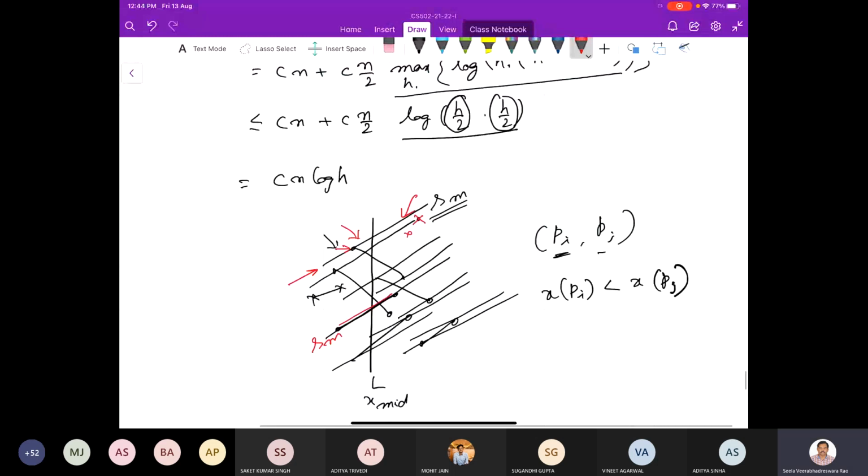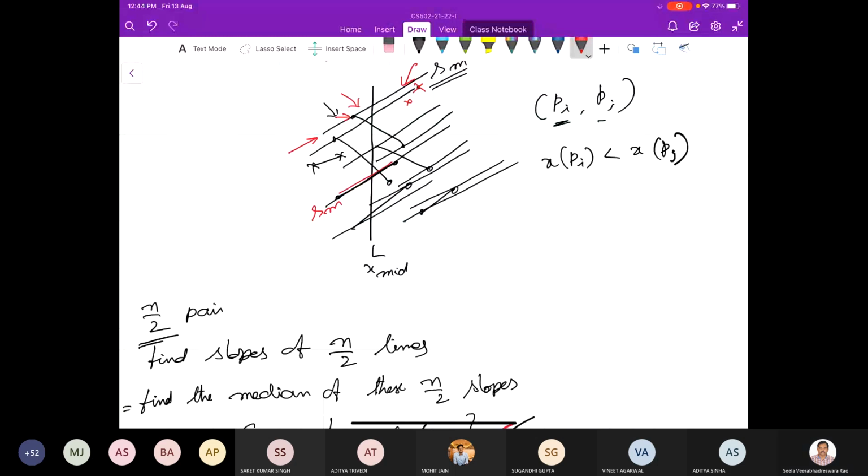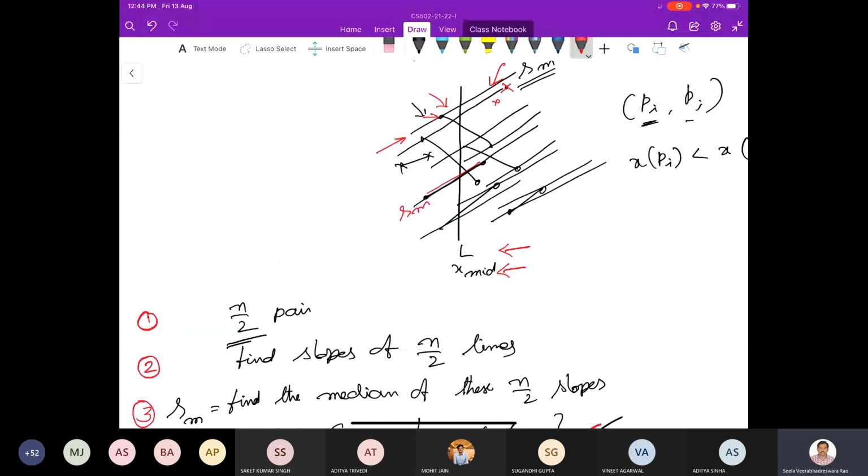So our aim is to find the upper tangent. And what is given to us? The line which divides this and the next mid. These values will be known to us. So what we do is pair these n points into n by 2 pairs in arbitrary order, and find the slopes of these n by 2 lines.